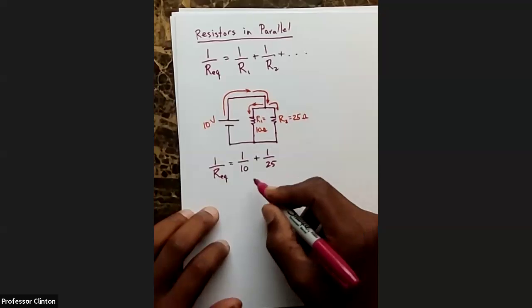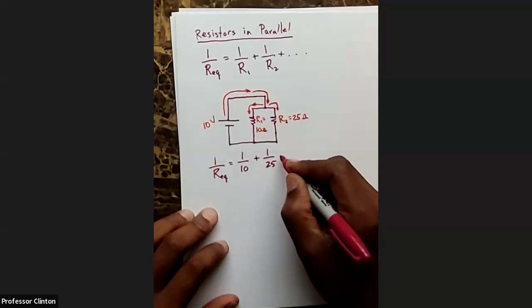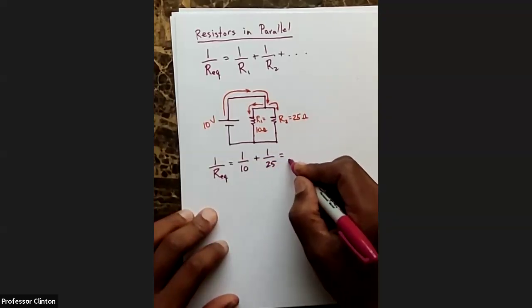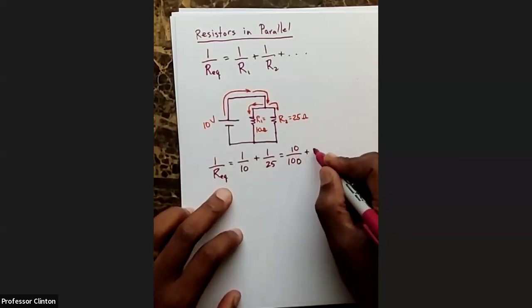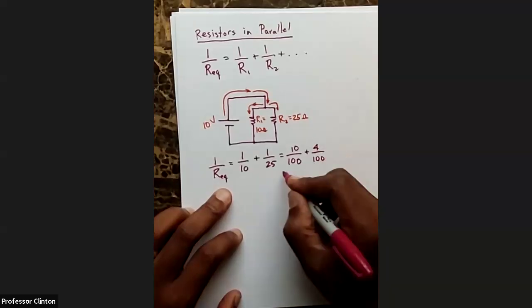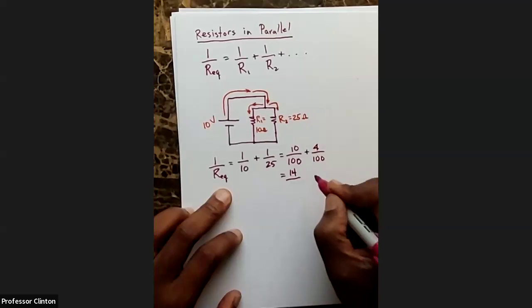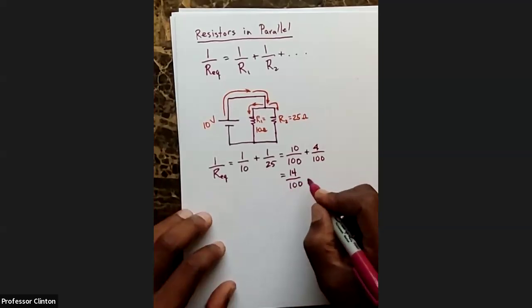So I'll need to find a common denominator. The lowest common denominator looks to be 100. So the first one, I'll multiply top and bottom by 10. The second one by 4. And so I come up with 14 over 100.